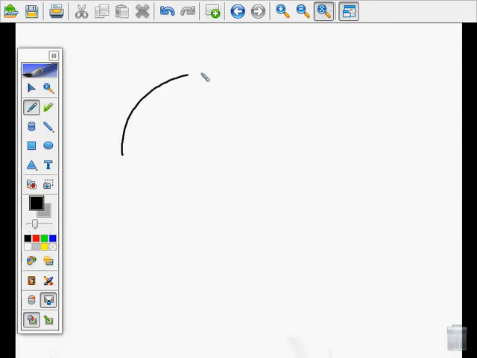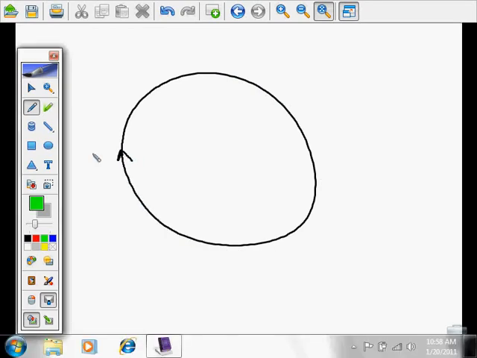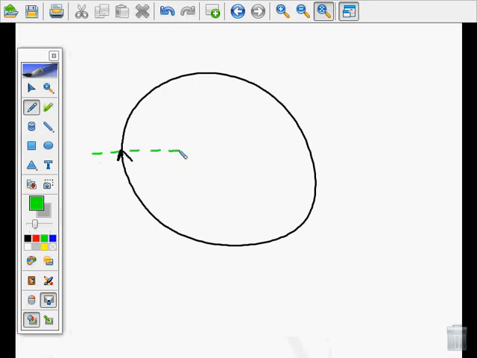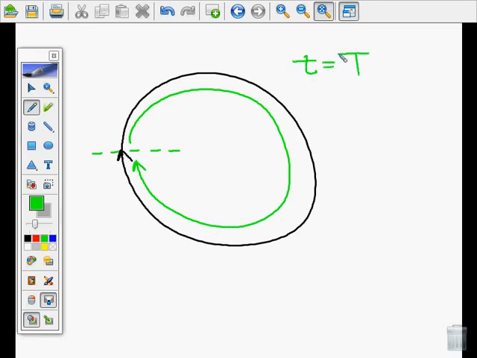If something is traveling in a circle, the time for it to go once all the way around is a special time. It's called the period, and it's given the symbol capital T. So the period is the time for once all the way around, or one complete cycle.